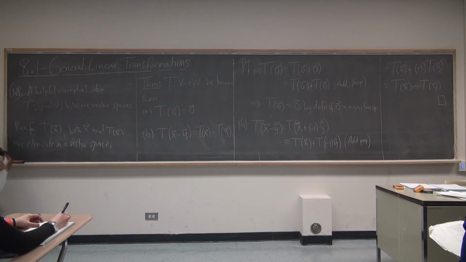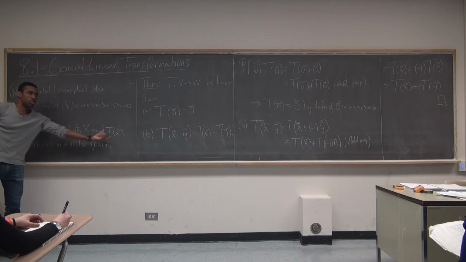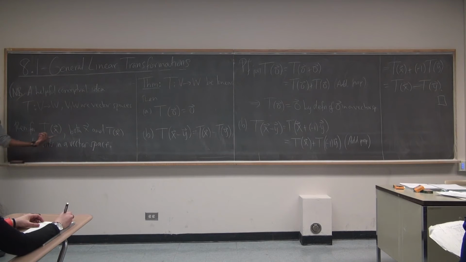Meaning everything you know about vector spaces, you can apply to these two elements, right? The vector that's in here, as well as its output itself, you can treat them just like vectors.